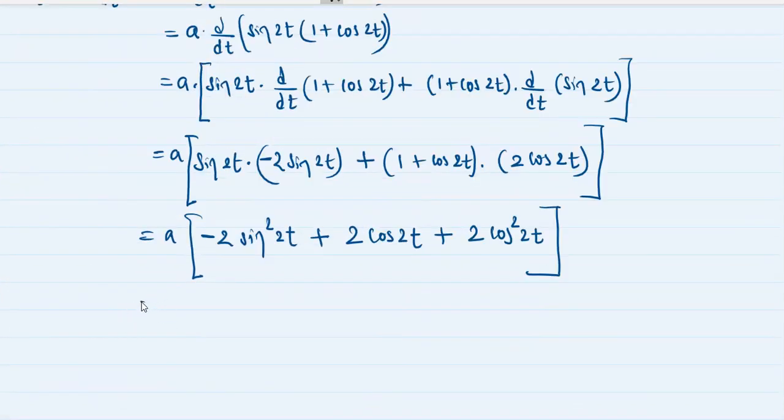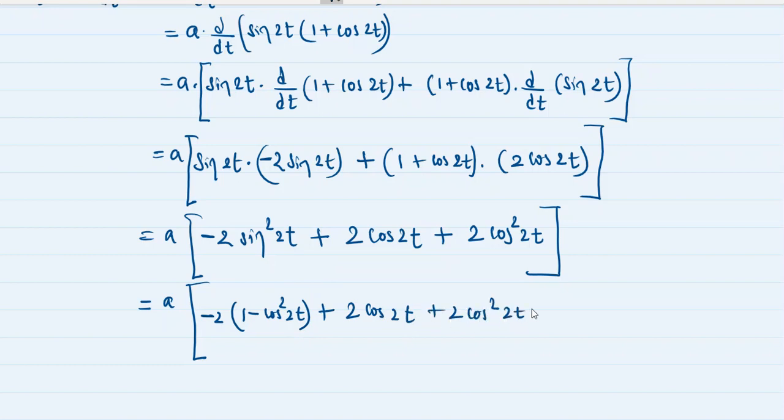Okay, so let me convert the sine square 2t in terms of cos. So minus 2 bracket 1 minus cos square 2t, since sine square theta is 1 minus cos square theta, plus 2 cos 2t plus 2 cos square 2t.